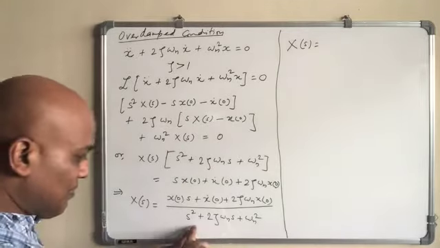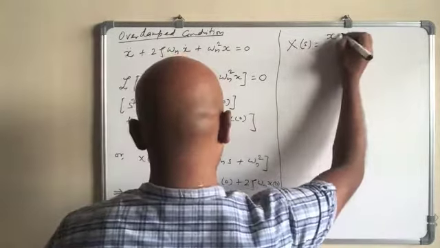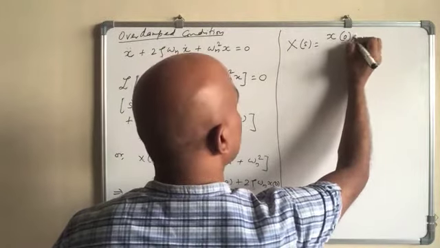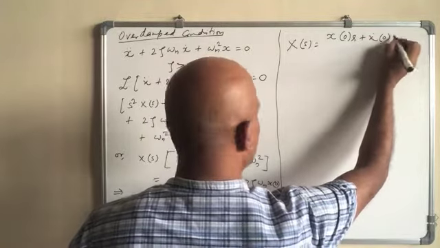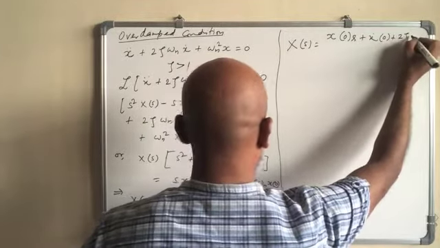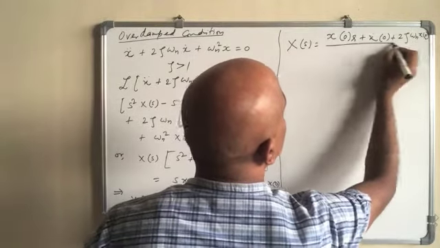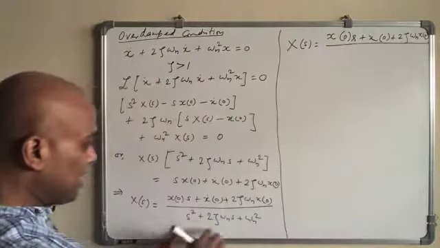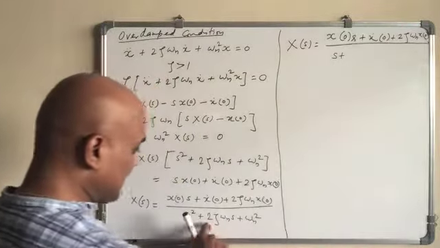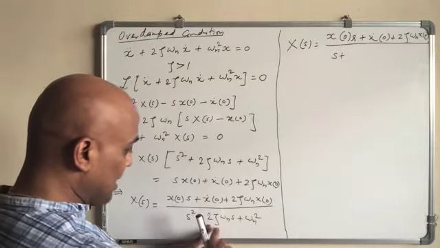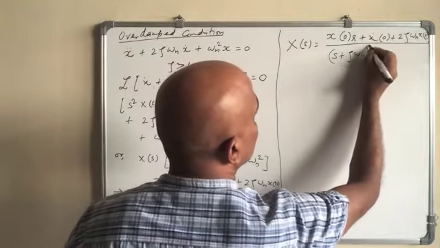If you look at this, it will be x0 s plus x dot 0 plus 2 zeta omega n x0, divided by, and here we can write s plus zeta omega n whole square.